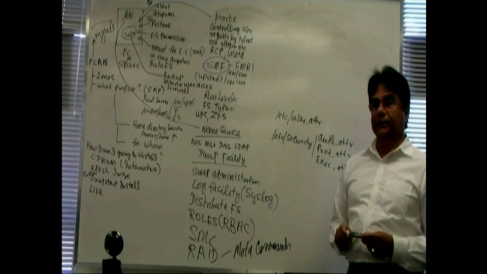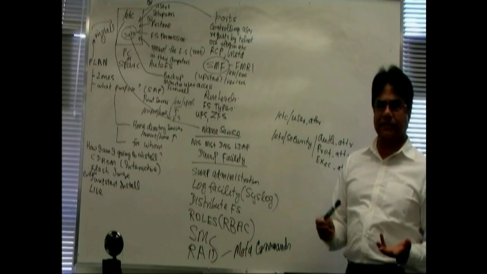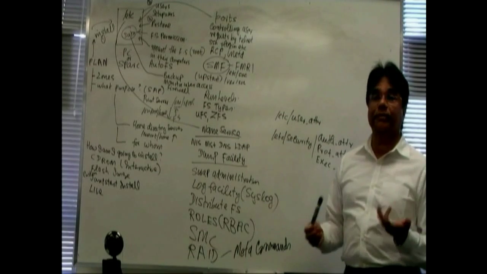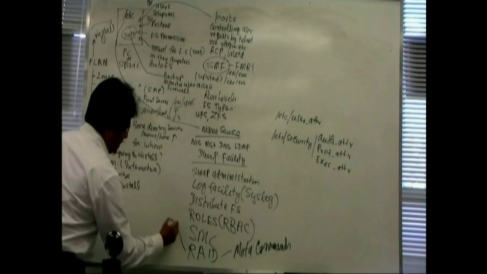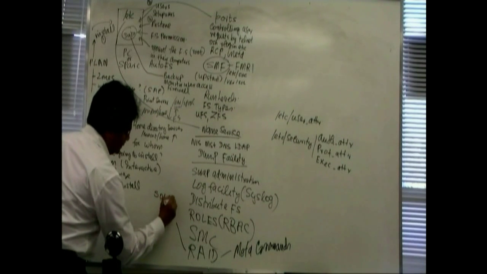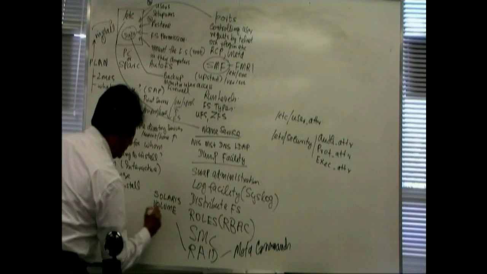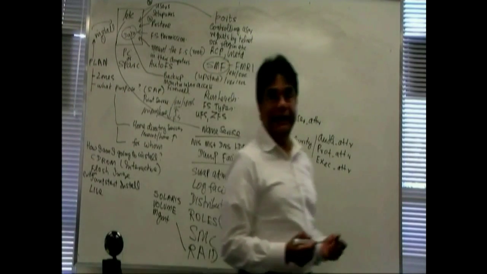Right? So what application am I using? Even though I use SMC, something should be running, right? That is called Solaris Volume Management. So I should learn about Solaris Volume Management. This was introduced in Solaris version 8.